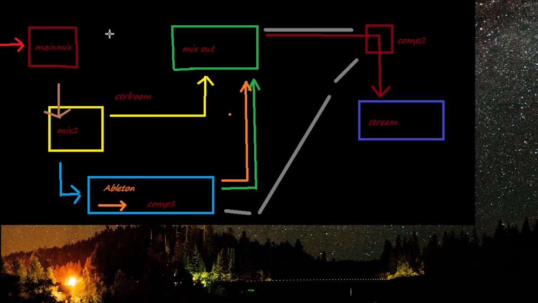Where's this thing here? Let me see. I got another dot in there that I don't want. So when I have the output of the main computer going into the green mixer, and then I connect that output to the second computer, that's where the problem is.